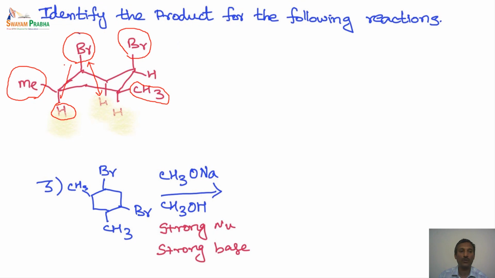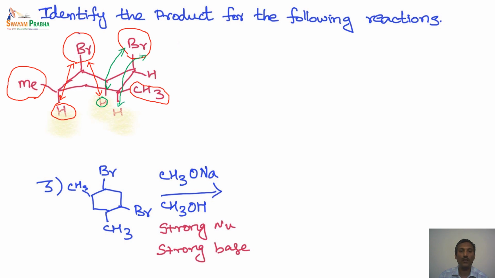So let us look at how many possibilities are there. And the same way we have this bromine and this hydrogen, both in the anti-periplanar condition. So these two can be abstracted. So this proton and this bromine, and this bromine and this proton.